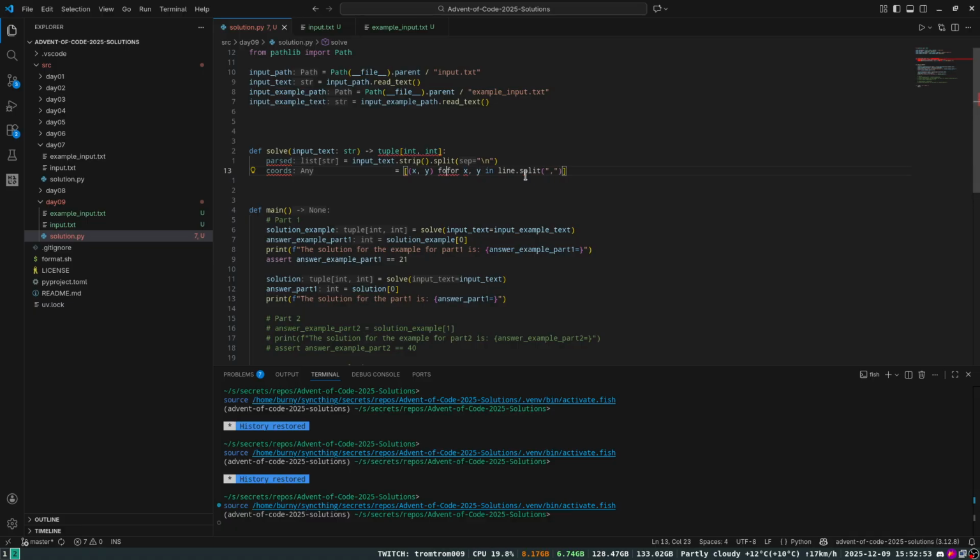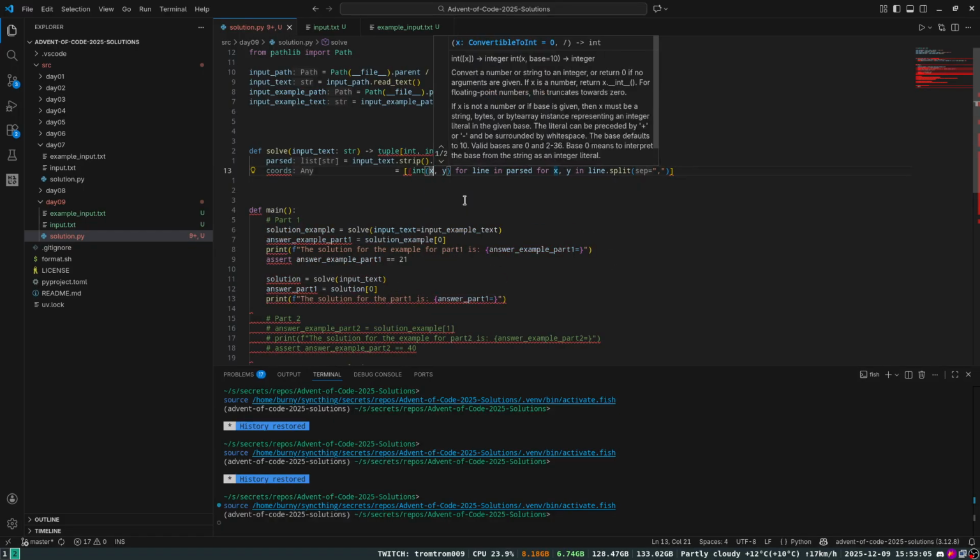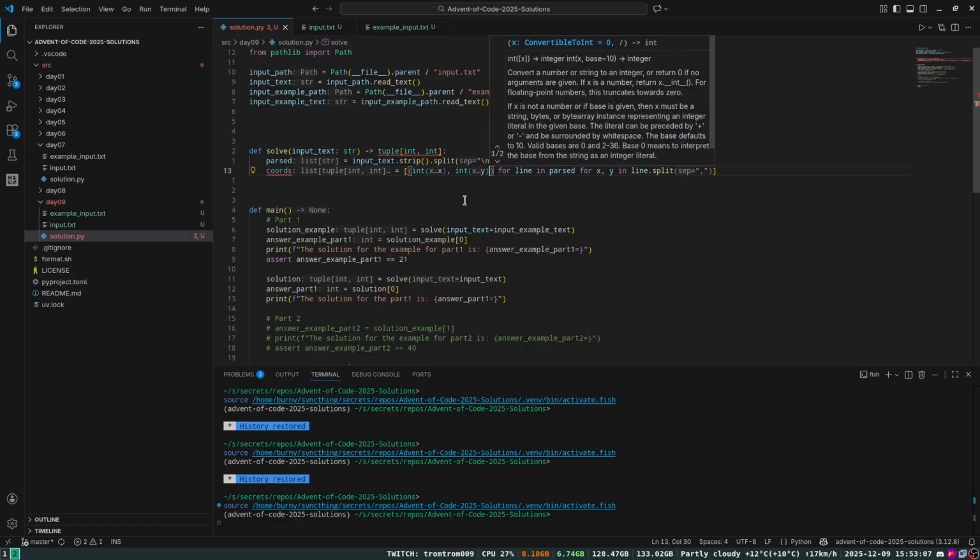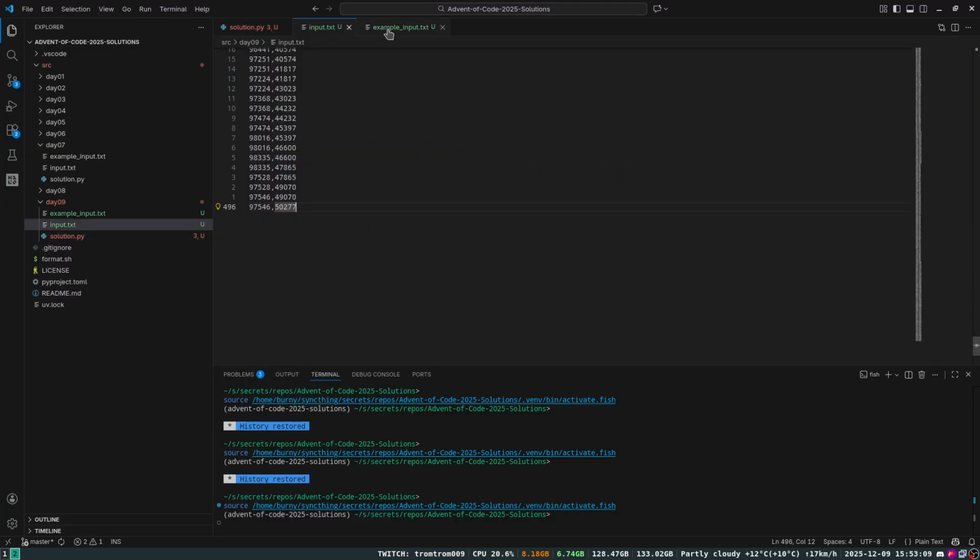And this needs to be for line in parse, I think. Then here we also have int, right? Yeah.